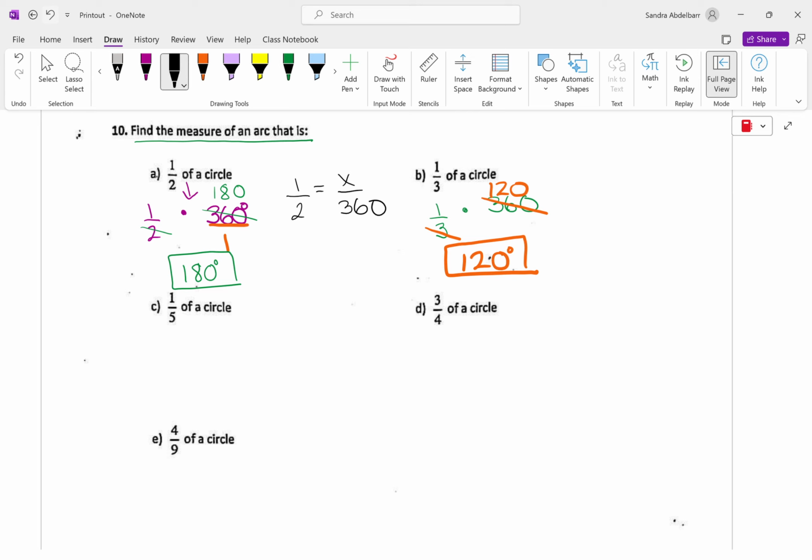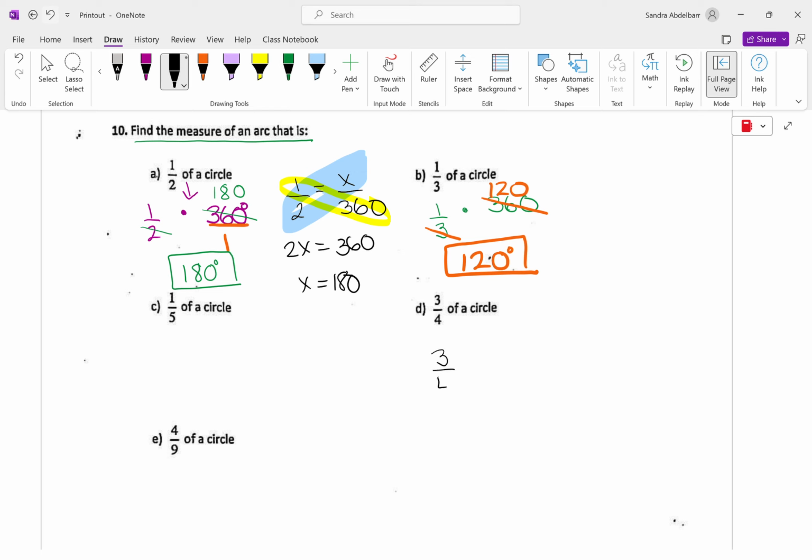No, you can only cross simplify through multiplication. That's it, no other operation. So that's the problem with the proportion if you think you can cross simplify. But here you don't cross simplify, you cross multiply. So this would be 2x equals 360, divide by 2, x equals 180. Same answer both ways. I don't care what you do.